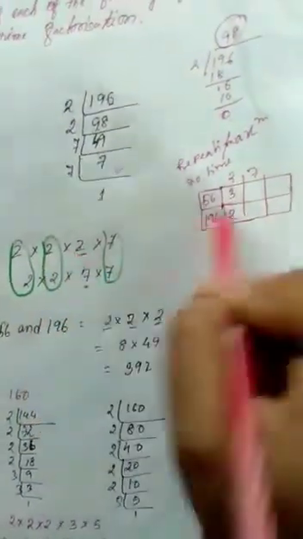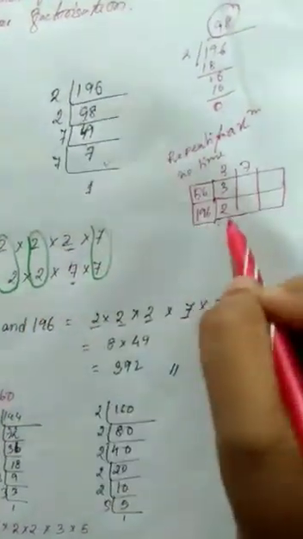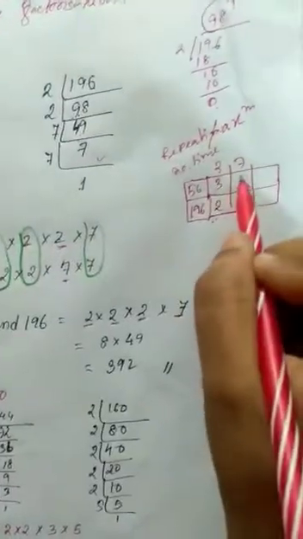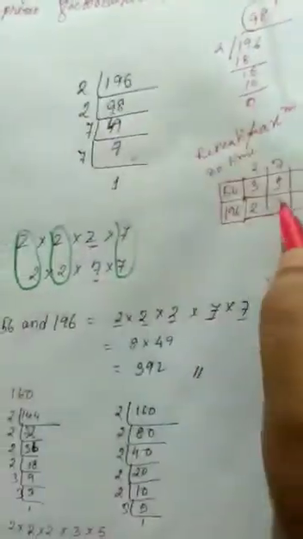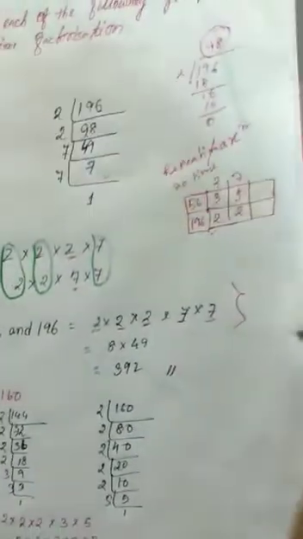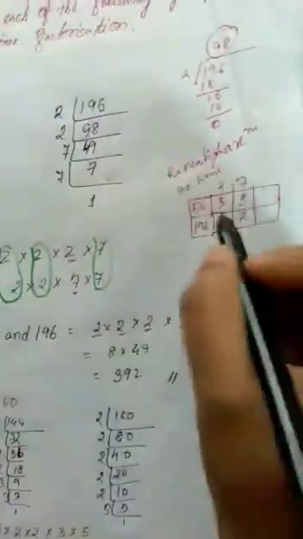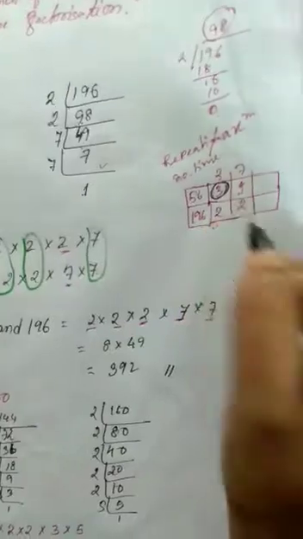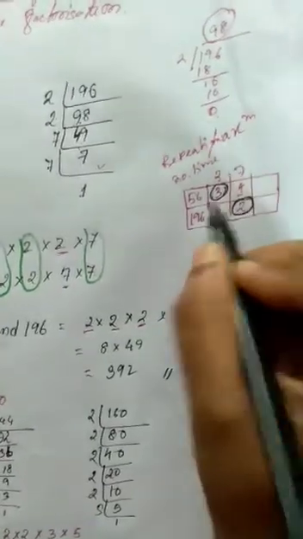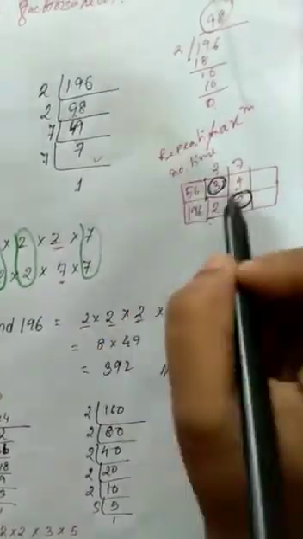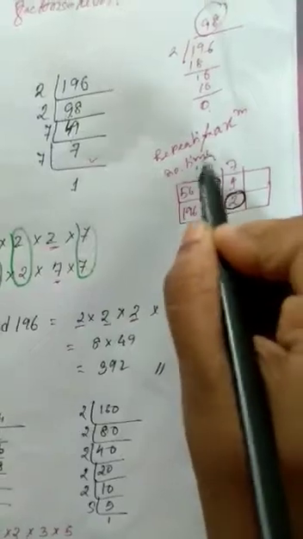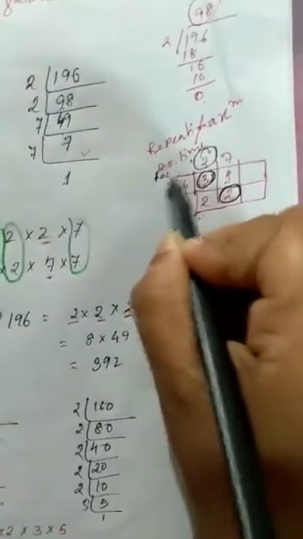So 2 is coming 3 times here, but in 196 two times, and 7 is 1 time in 56, but in 196 it is coming 2 times. So now you can look here students, 2 appears a maximum of 3 times, and 7 a maximum of 2 times.